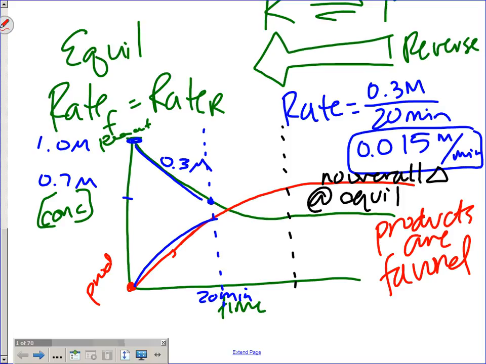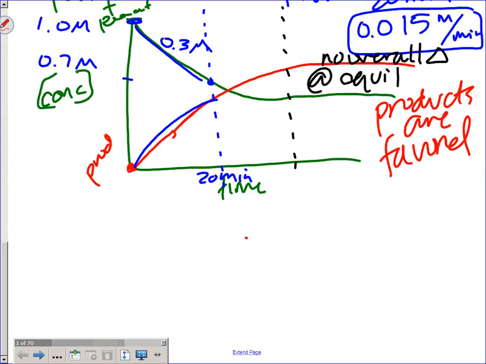A lot of graphical analysis here, right? So that's why I want you to draw your graphs. So you're drawing a graph where reactants are favored, not products, using the same logic.